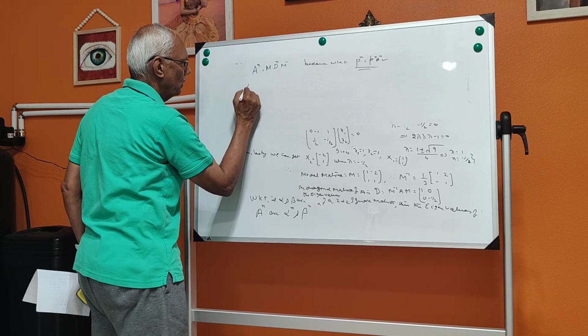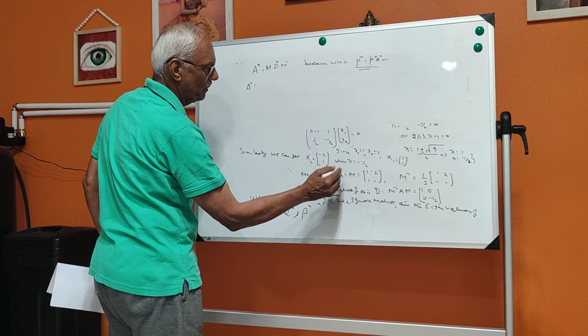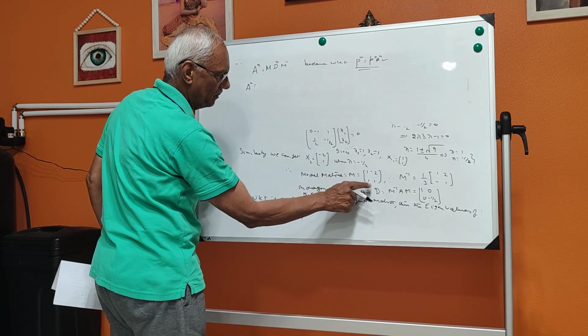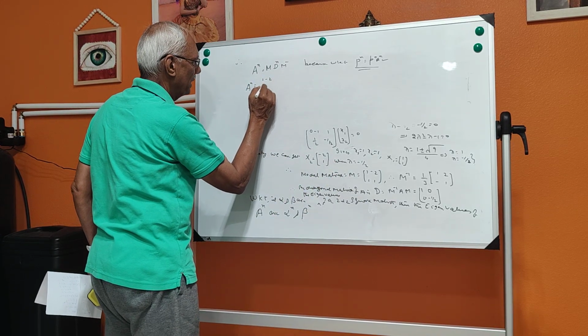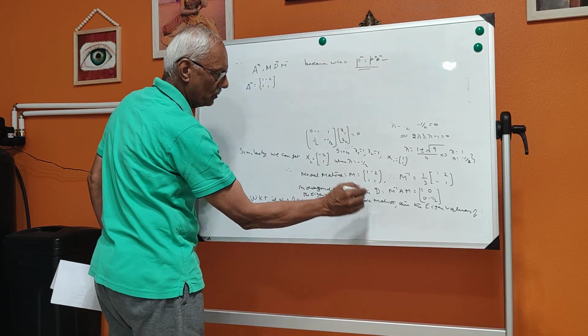Now what is your A n now? A n will be equal to, what is your M? M you have got here. Here it is 1, minus 2, 1, 1 into, what is the D to the power of n?